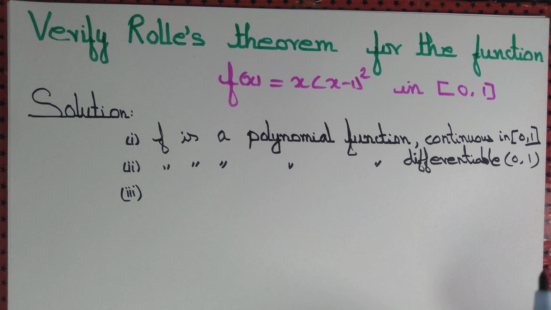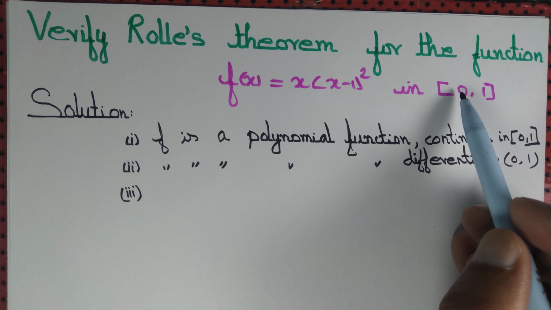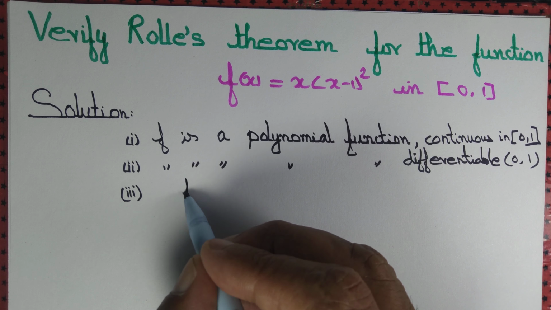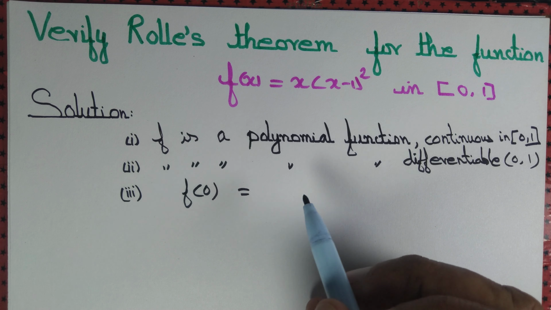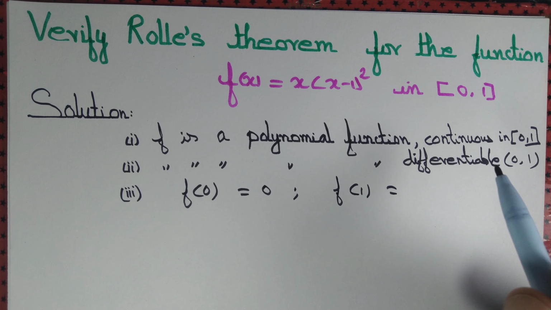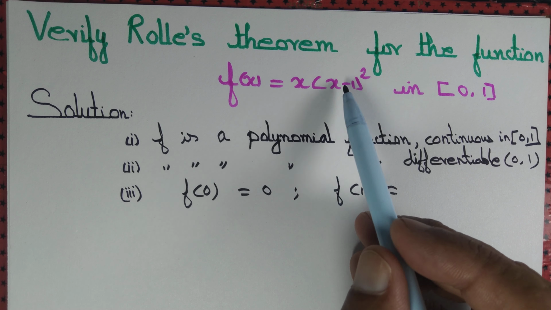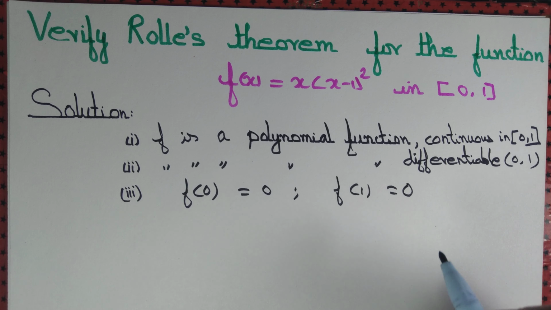Last point that we need to make sure is that the value of the function at the end points are equal. f(0), if you compute f(0), simply 0 times anything is 0, and f(1), if we compute, 1 times 0 is 0, so f(1) is also 0.